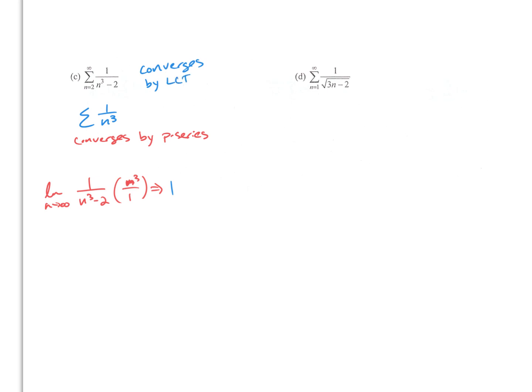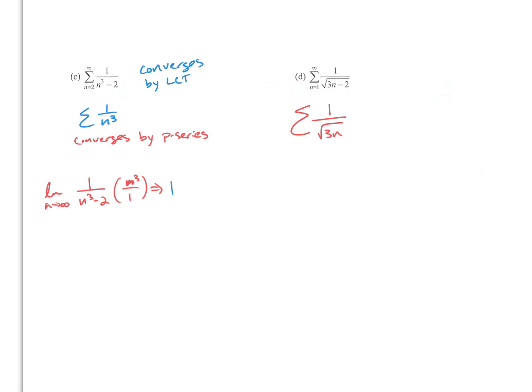All right, pretty good. Let's look at this next one. Does it pass the nth? Yeah. So what are we going to compare it to? 1 over square root 3n. So we're going to compare it to 1 over square root 3n.